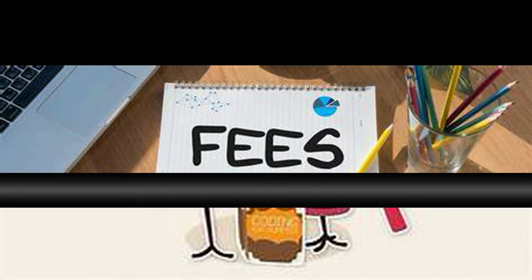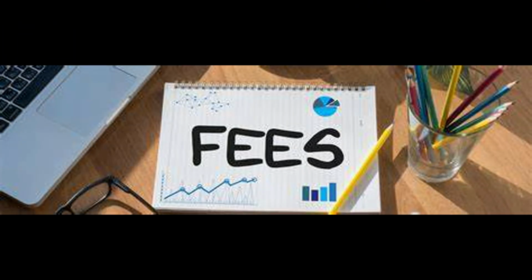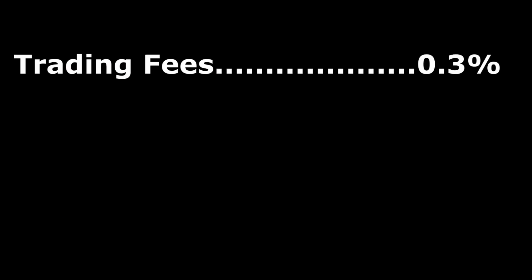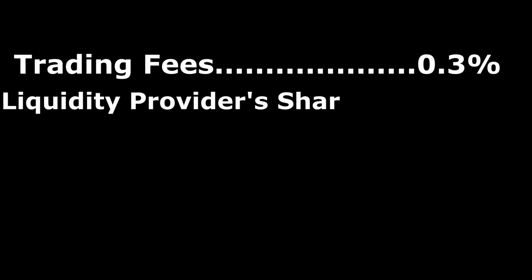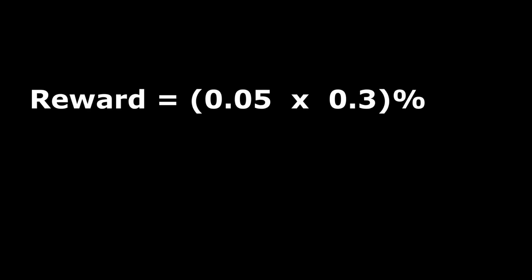That is, if the fees charged by the exchange on a single trade is equal to 0.3% and the total value of tokens deposited by the user into the liquidity pool amounts to 0.05% of the total pool, then the person would receive 0.05% of the 0.3% trading fee.